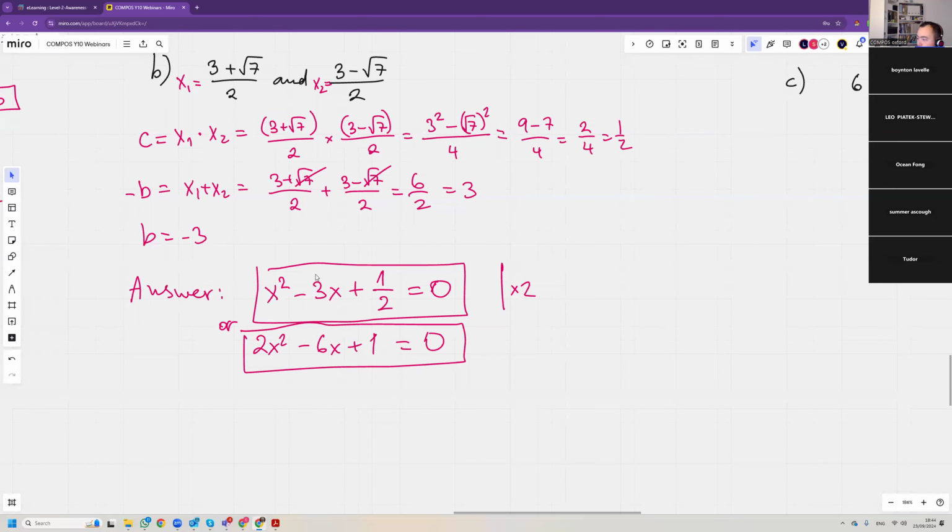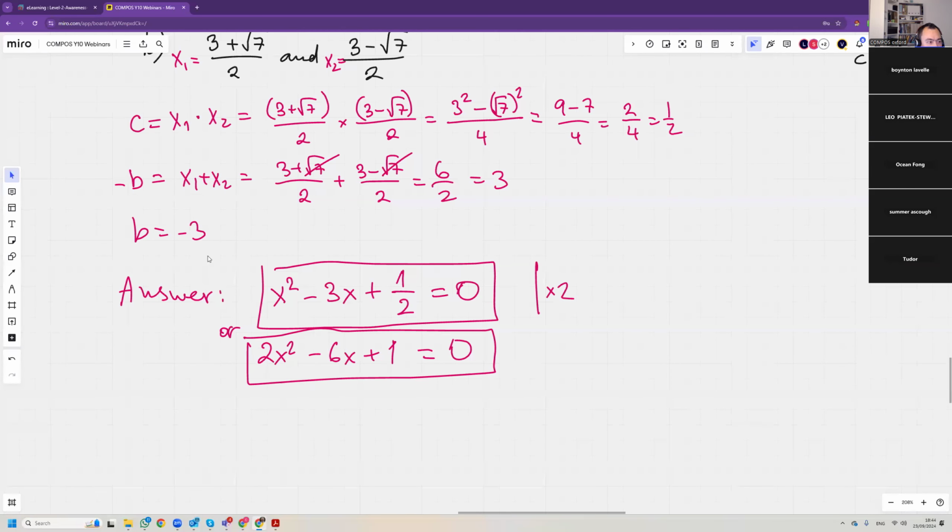B is, sorry, how can you cancel like that next to the B equals minus 3? Well, when you add this, because the fractions have this common denominator, it's going to be 3 plus root 7 plus 3 minus root 7.